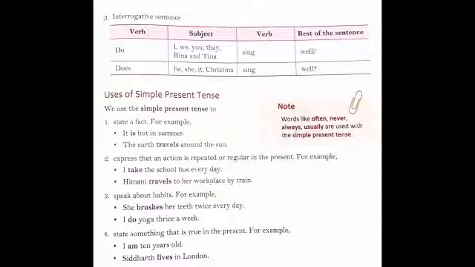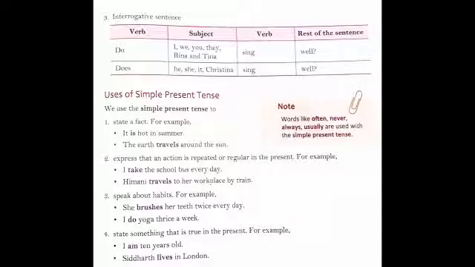Then, the earth travels around the sun. Again, travels is a simple present tense form of a verb, and it shows the fact that the earth travels around the sun.